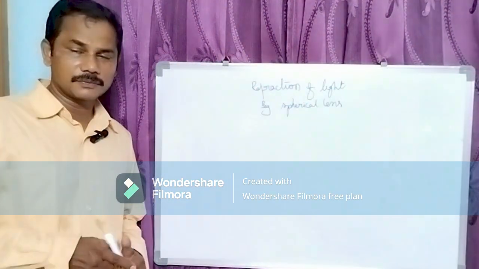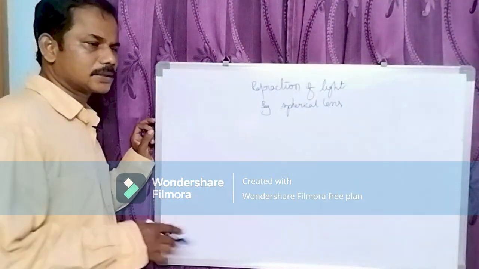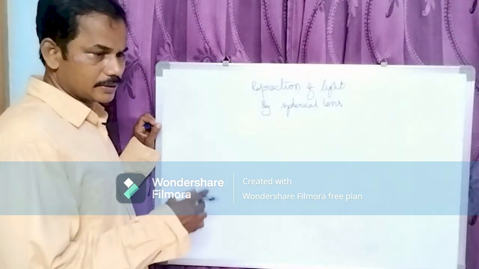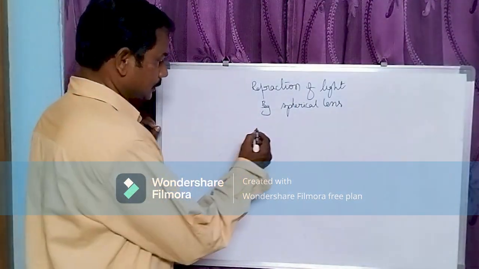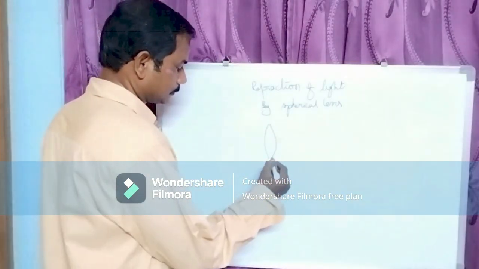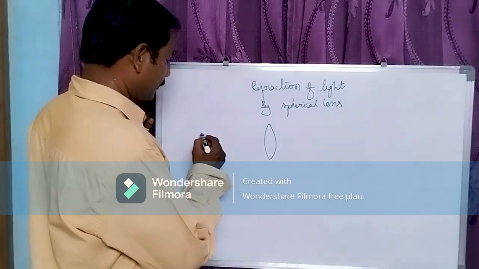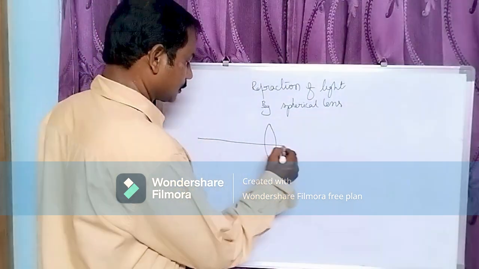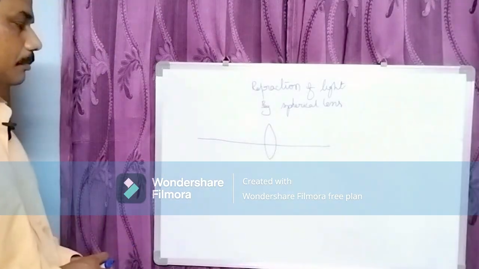In the previous session, we only discussed how the light passes, but when it comes to the lens, we have different cases. Concave lens is like this, but before going to that, we have a few points to remember.